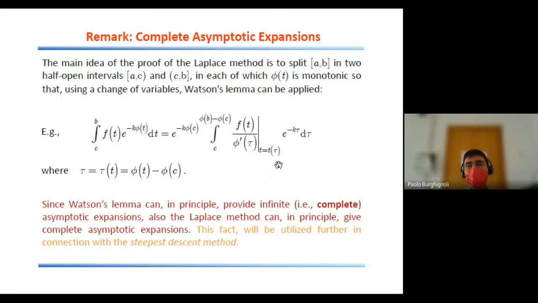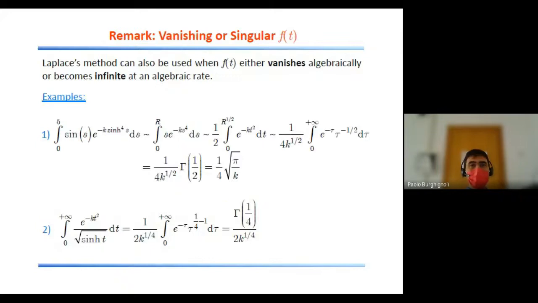This is an important remark because Watson's lemma is able to provide infinite asymptotic expansion, and therefore also the Laplace method, which is based on Watson's lemma, can give in principle a complete asymptotic expansion. And we will make use of this fact in the next lesson when we will apply this to the so-called steepest descent method.